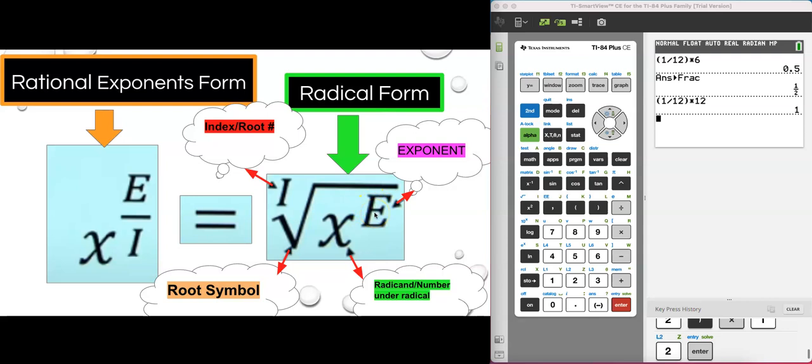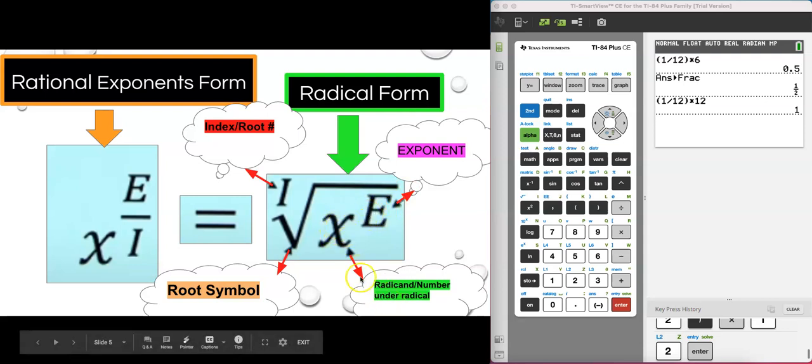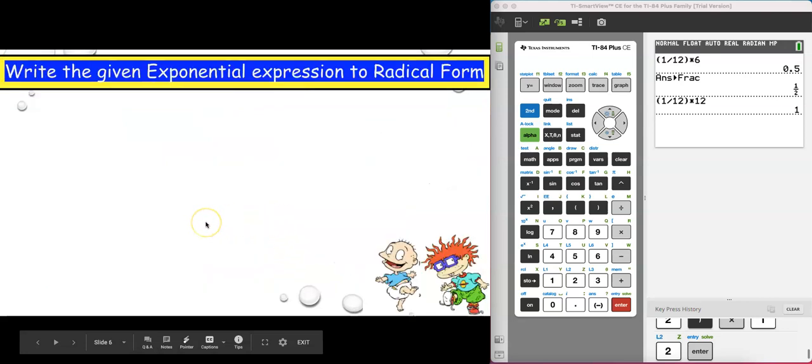Now I want to share with you how we convert between the two. For an example, let's use this. We can see you've got the index number, the exponent on the base number under the radical, the number under the radical, and then the root. Let's go back here.